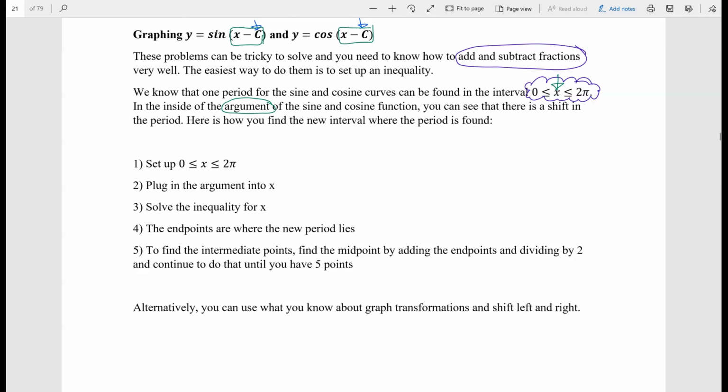But after many years of teaching this class, I feel like this is one way that students like the most, so I'm going to teach it this way. It's subject to change depending on what class you're taking. If you take pre-calculus, your teacher might teach you a little bit differently, but just let them know that you know this method, and you can ask them if it's okay for you to use.